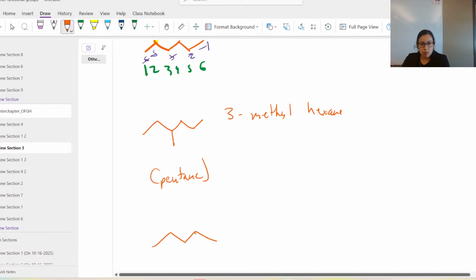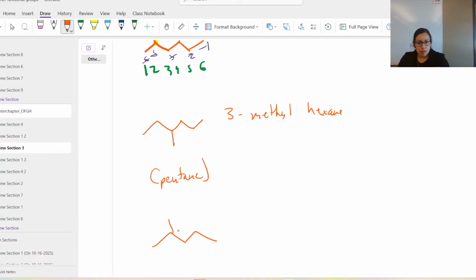So 1, 2, 3, 4, 5. Oh my gosh, I just can't draw a straight line. And then 2 and 4. So that looks good. Then this is where we can use our prefixes to say dimethyl to show that you have 2 methyl groups, and again they're at the 2 and the 4 carbons. So 2,4-dimethylpentane.